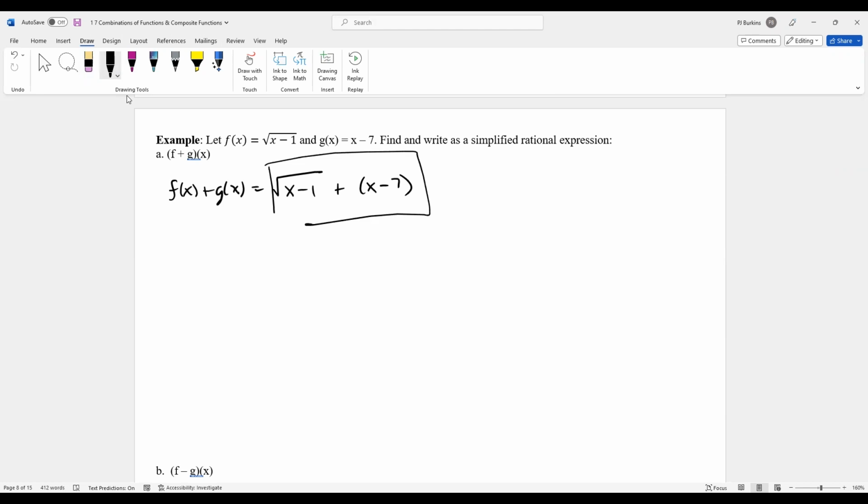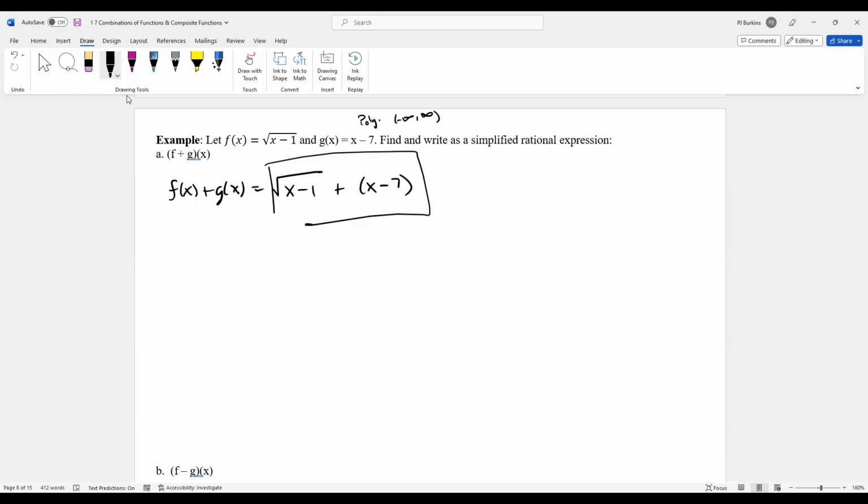And what I did not do, and I shall do now, is talk about the domains. So the domain of g of x, well, g of x is a polynomial. So we know that that doesn't care. It allows anything from -infinity to infinity. The square root function can't be negative.